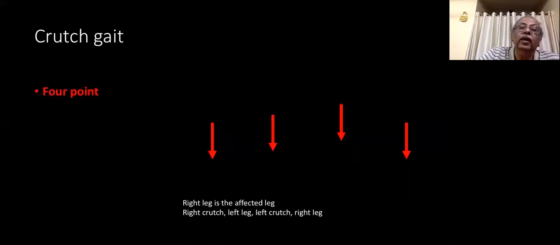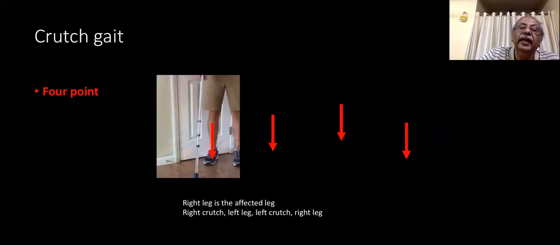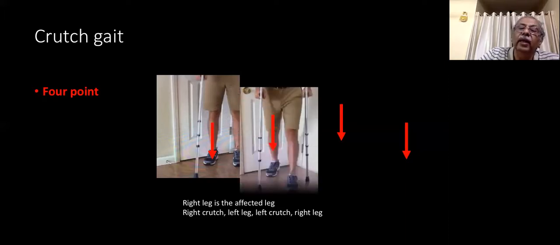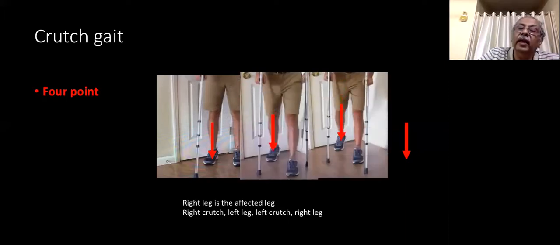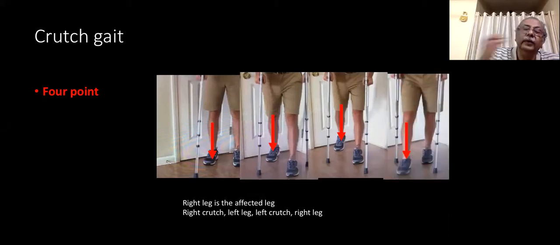So what is 4-point gait? The right leg is the affected limb. So you put the right crutch followed by the left leg, followed by the left crutch, followed by the right leg. So your injured leg comes last. That is what is called the 4-point.